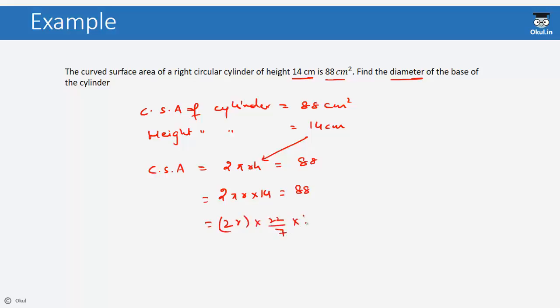We can put 2r to one side and then calculate with the value of pi as 22 by 7, and then we cancel. So we get 2r is equal to 88 by 44, that is equal to 2. The 2r is equal to the diameter of the cylinder, that is the base diameter is 2r, therefore the diameter of the cylinder is 2 centimeters.